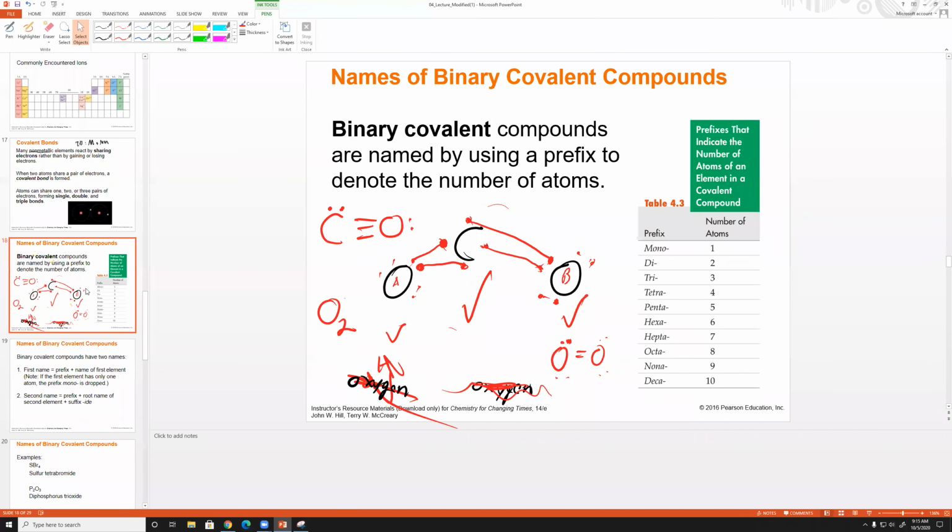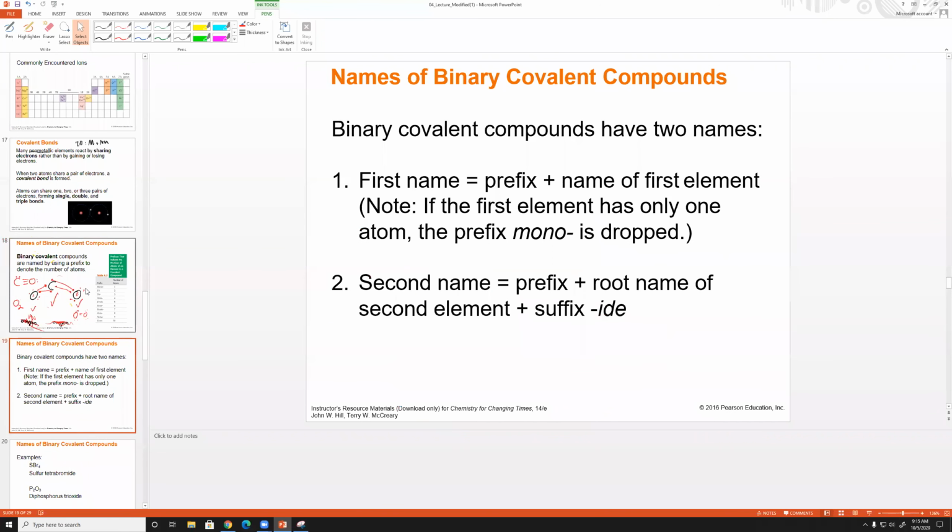Okay, so let's talk about naming the covalent bonds. And it's actually a bit easier than the ionic bonds. So when you name them, you say the first name of the element, and then you add a prefix. So covalent bonds now are using prefixes. For ionic bonds, we never used magnesium dichloride or any of that stuff. Never, because of the math that I explained before.